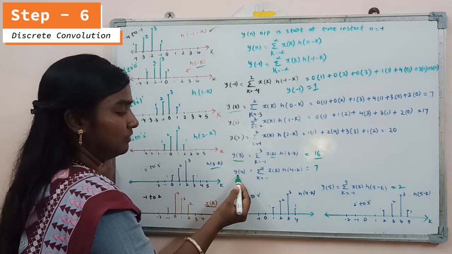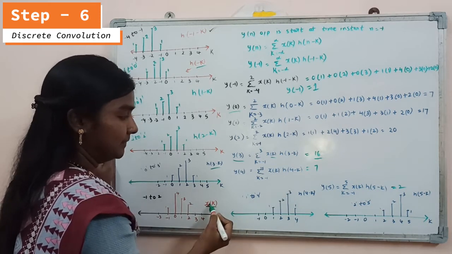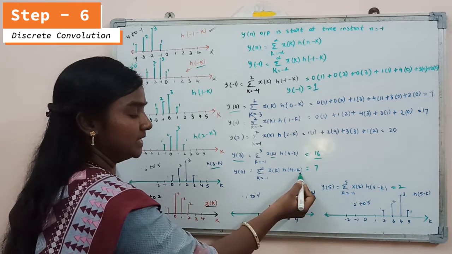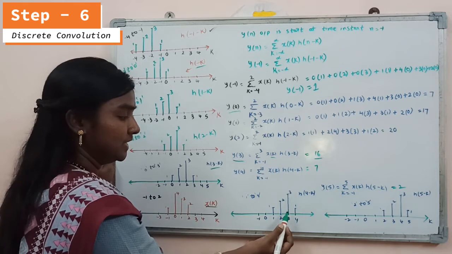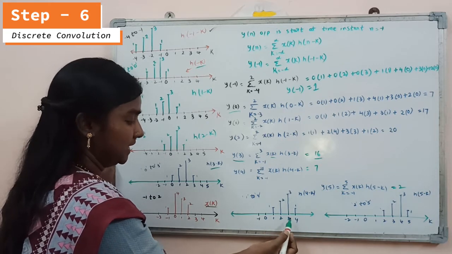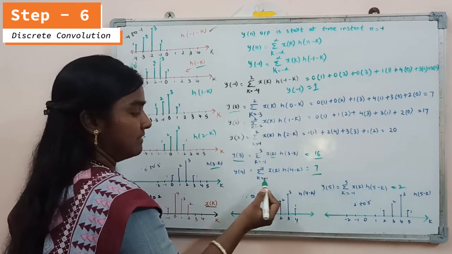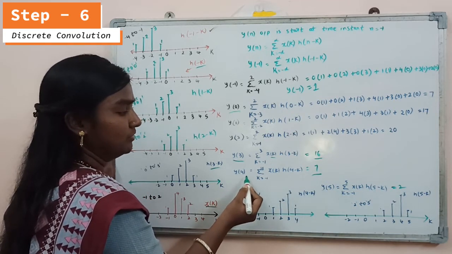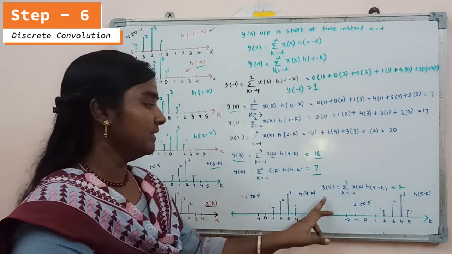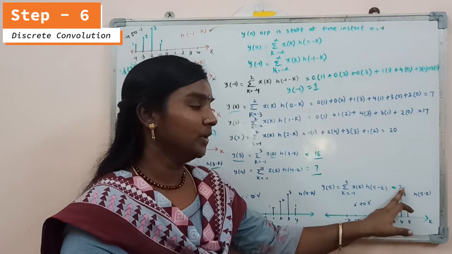Now we can find out y of 4 by considering the signals x of k from this and h of 4 minus k from this signal. Now multiplying respective amplitudes at their time instances, we can find out the amplitude as 7 at the time instant 4. So that will be y of 4. Now similarly we can find out y of 5 amplitude as 2 here.